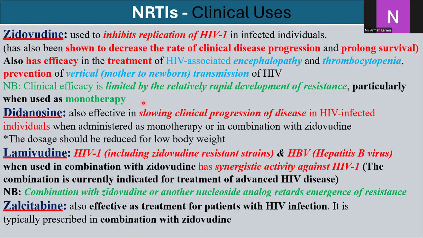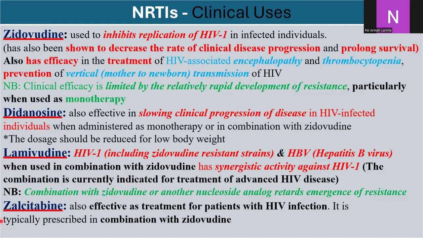So it could be administered as monotherapy or in combination with zidovudine. And again, we do measure body weight, very important. You have to give it per patient's body weight. All right.